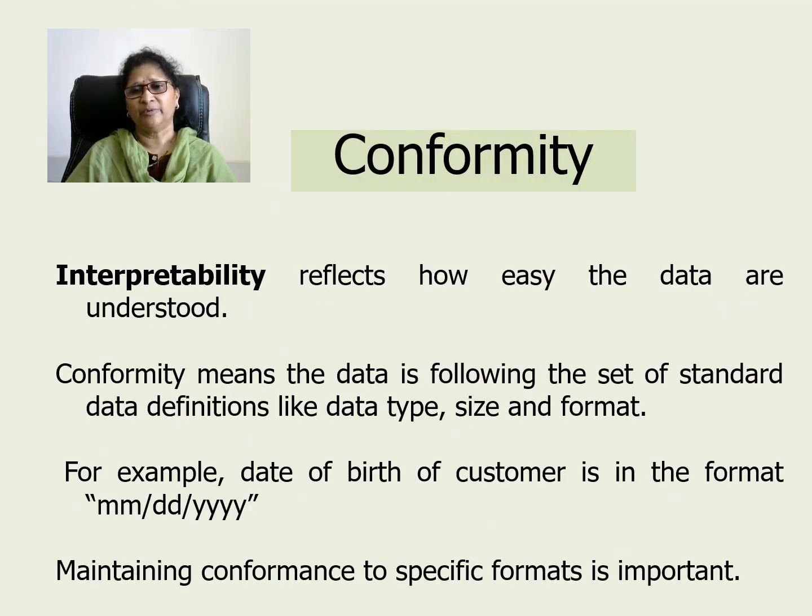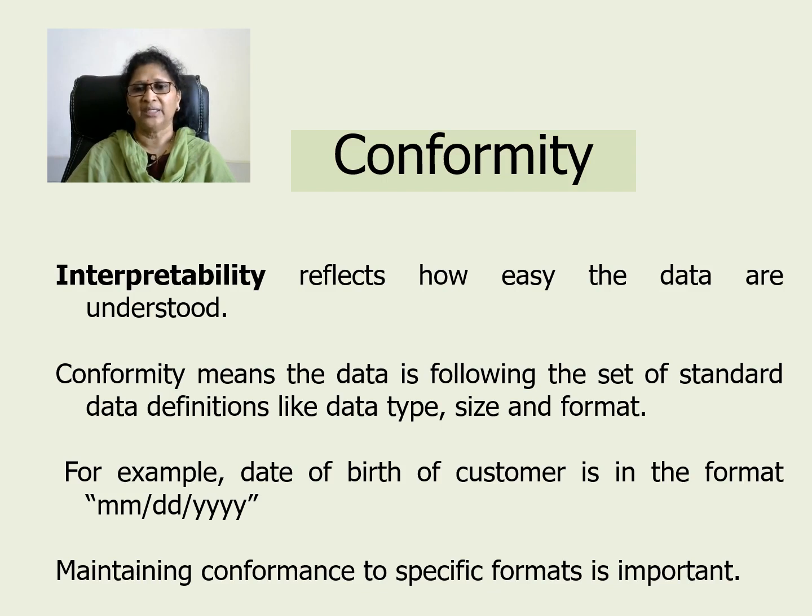The next term to be learnt is conformity. We often ask questions about data values. Do data values comply with the specified formats? If yes, do all values comply with those formats, and so on. This is said to be conformity. Interpretability reflects how easily the data is understood.